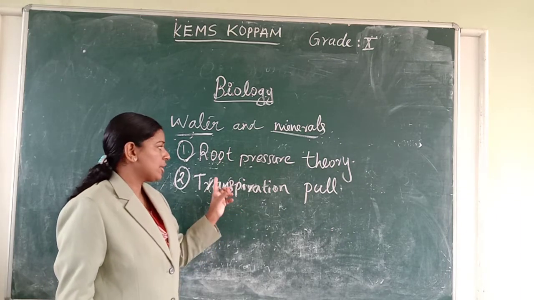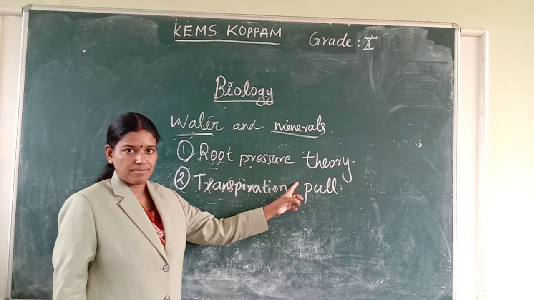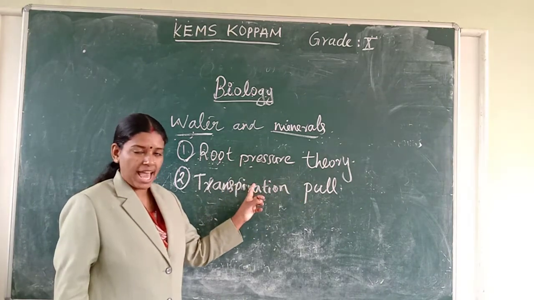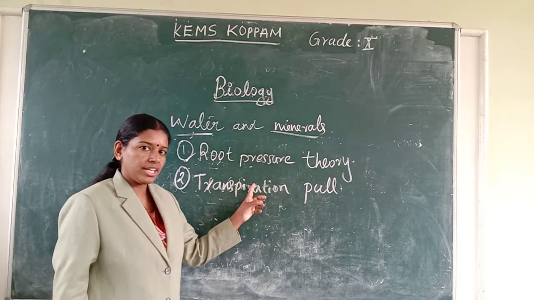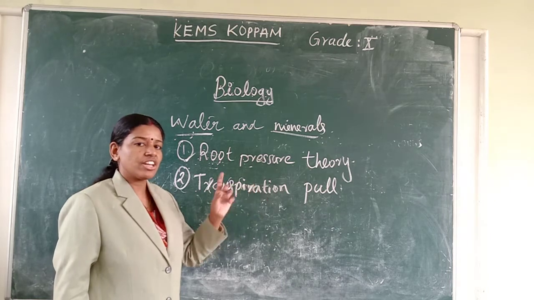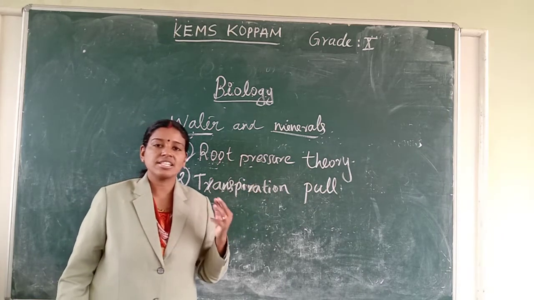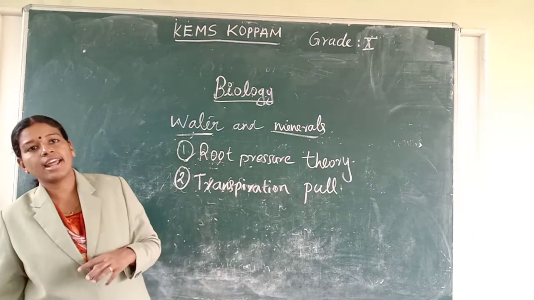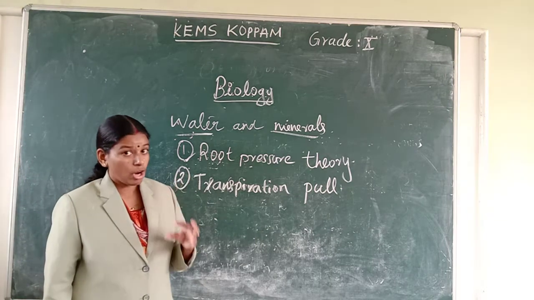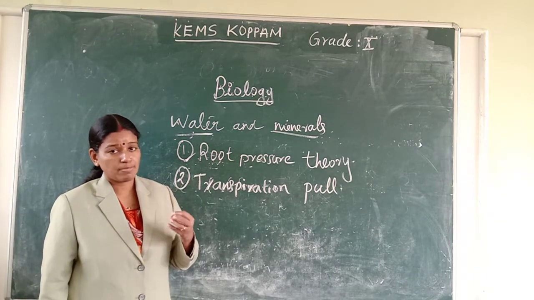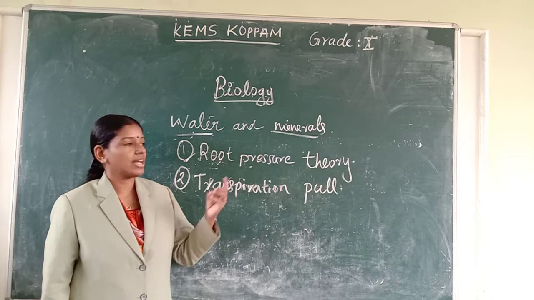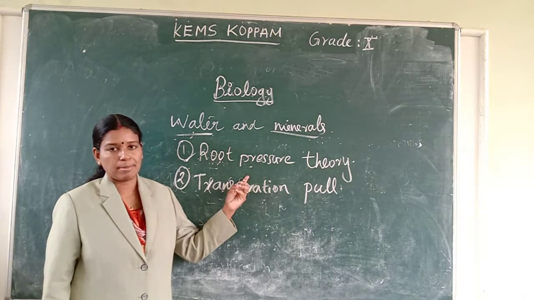Once again, I will repeat. Root pressure theory means, in the case of herbaceous plants, root hairs absorb water and a concentration difference or pressure difference arises inside the xylem vessels that transports what is absorbed, that is water, to every part of the plant body.